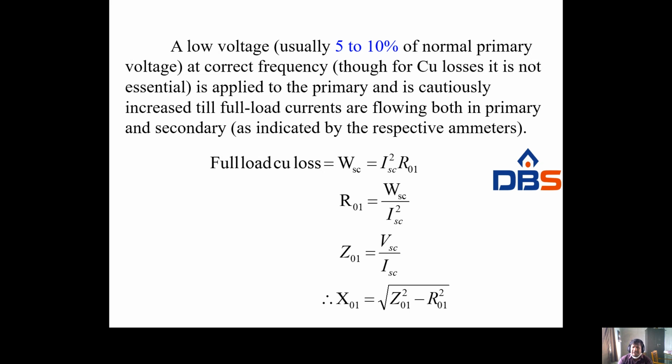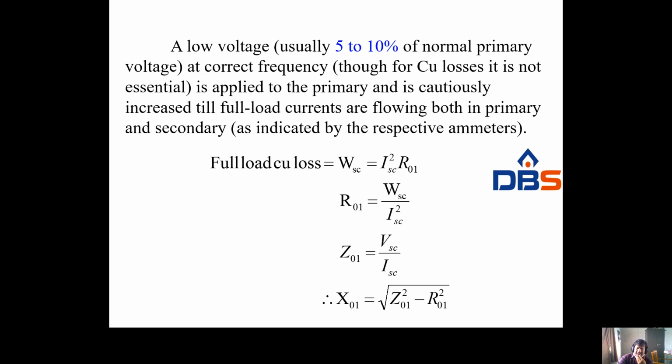So a low voltage at the correct frequency is applied to the primary, and it is continuously increased till full load current is flowing in both primary and secondary. So put the rated current, and according to the rated current you get all the readings. For the rated current, the voltage is very low, less than 20 volts. So that's why the no load current is very low.